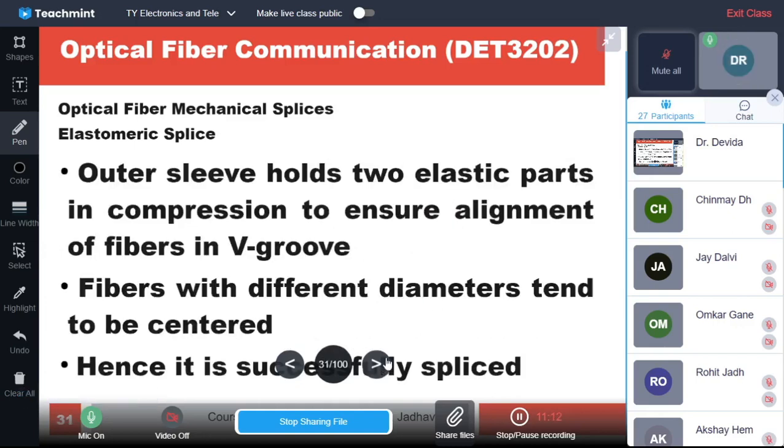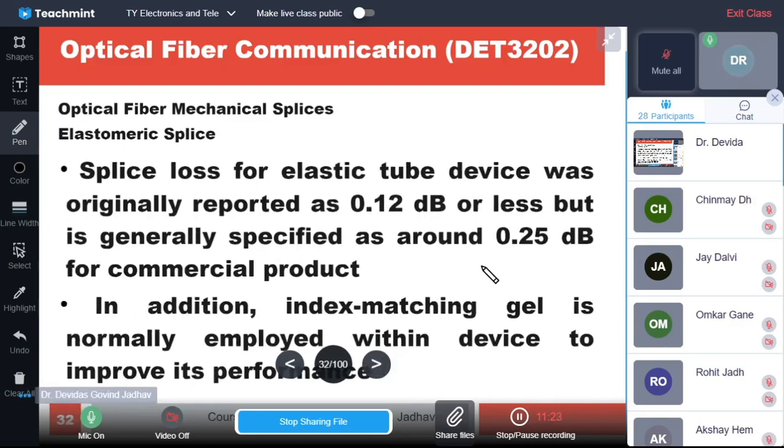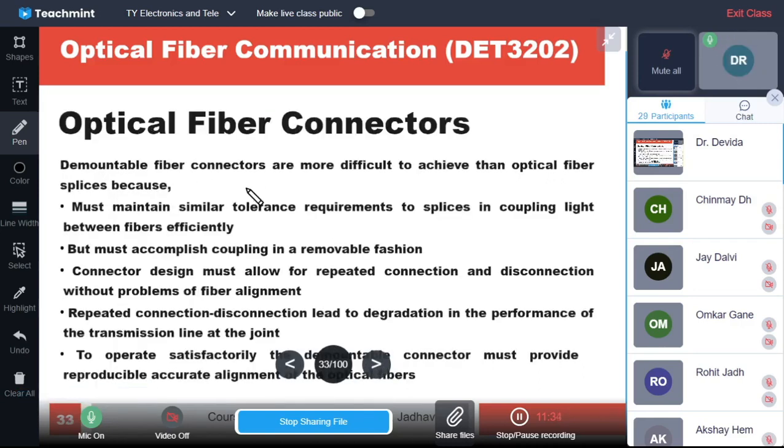The outer sleeve holds the elastic parts. This splice can offer 0.12 dB, and commercially 0.25 dB. Index matching is also used so that it can reduce the loss further.